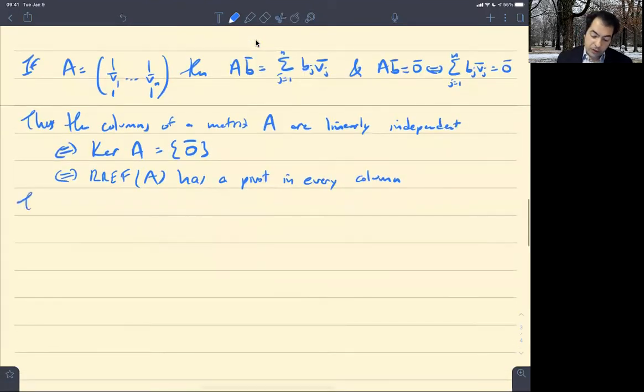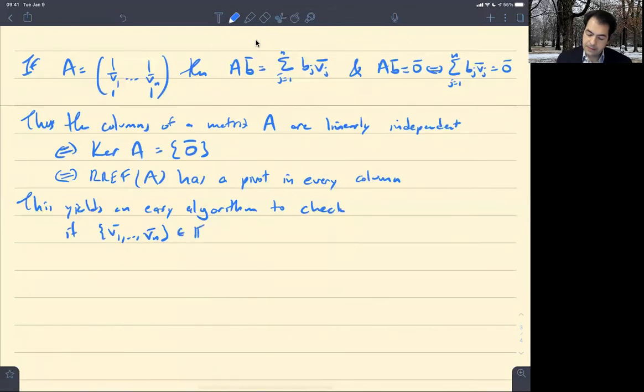Okay, so that's great. So this yields an easy algorithm to check if a set of vectors, or a list of vectors, is linearly independent.